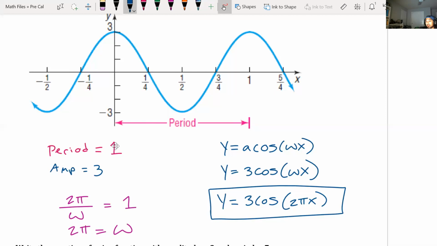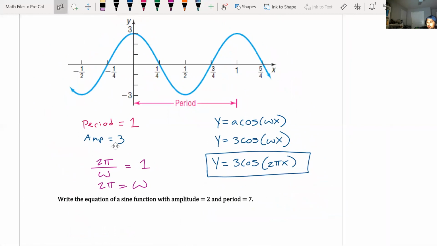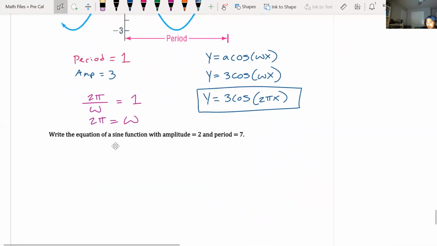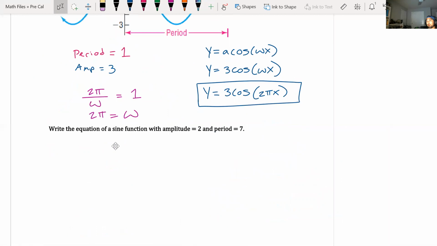Any questions on this one? All right. Last one. Write the equation of a sine function with the amplitude of 2 and a period of 7.